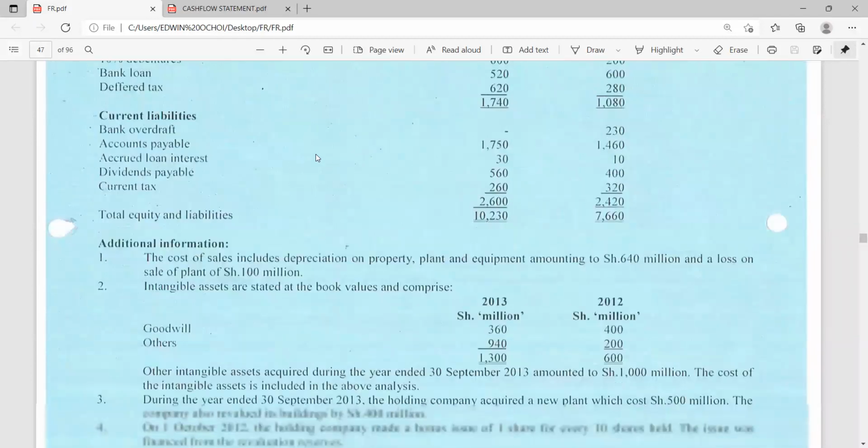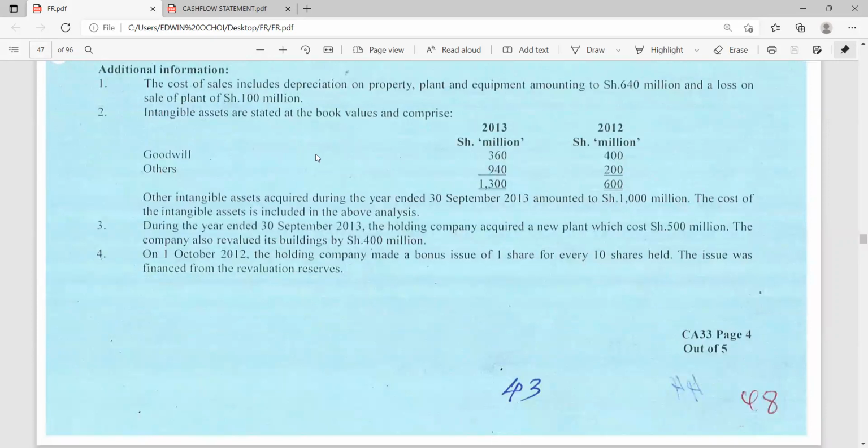Then we have additional information, students, whereby you are told that the cost of sales included depreciation of property, plant, and equipment amounting to 640, and a loss on sale of plant of shillings 100,000. Intangible assets are stated at book value and comprise goodwill and other intangible assets.